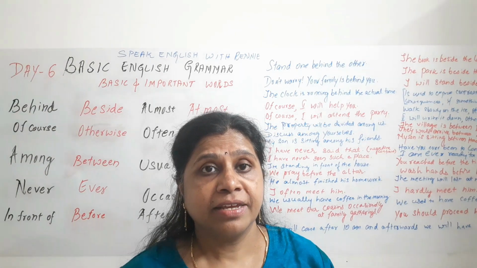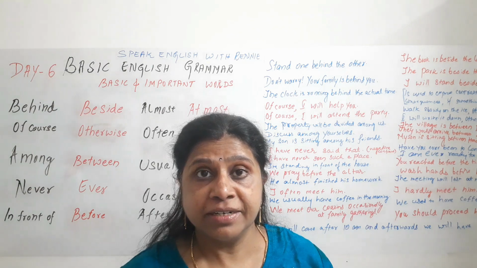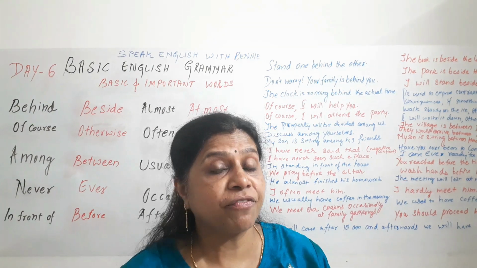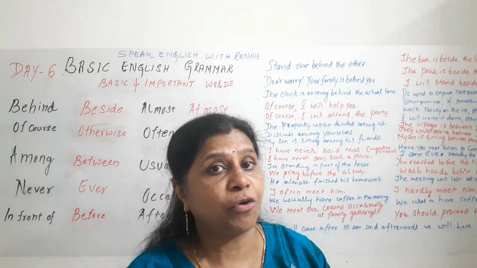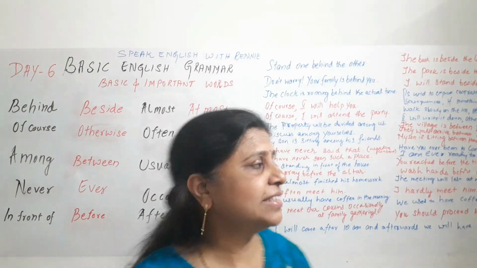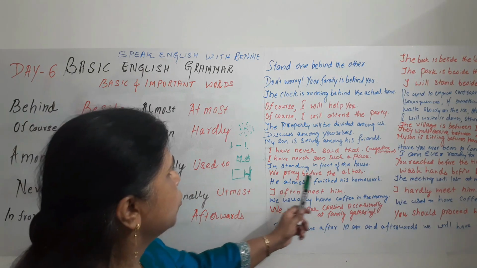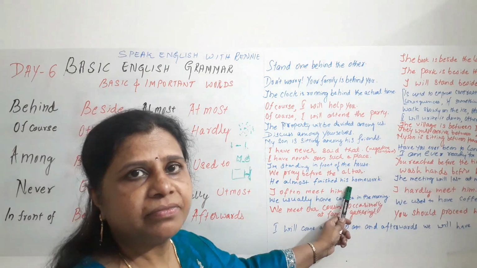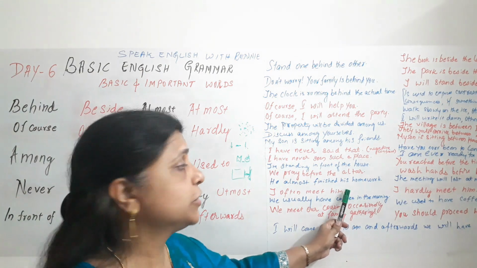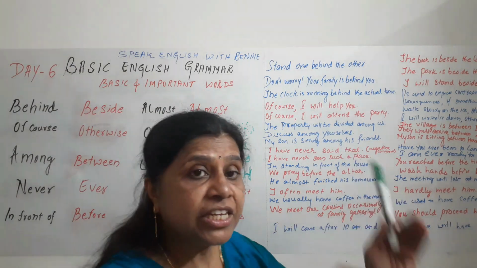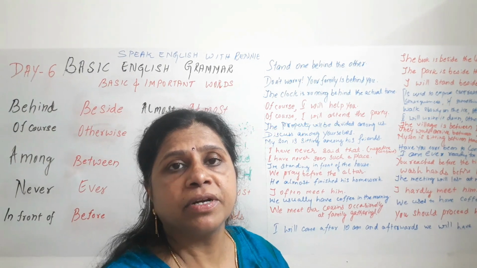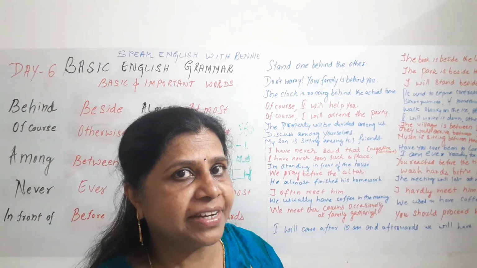If you say, I am almost done, that means you are very close to the end, whereas you have not finished it. Let us see the sentence. He almost finished his homework. That means he is close to completing the homework, whereas he has not completed it.